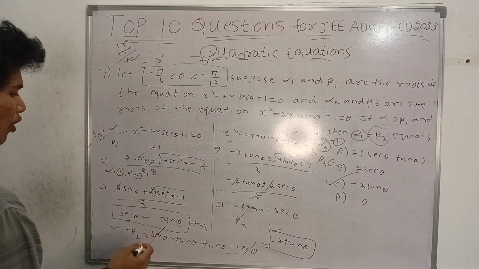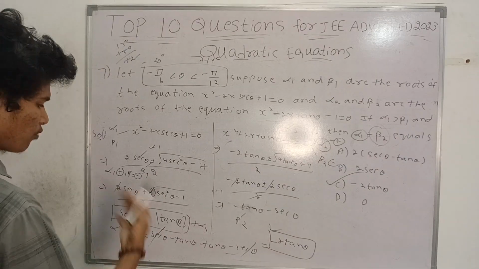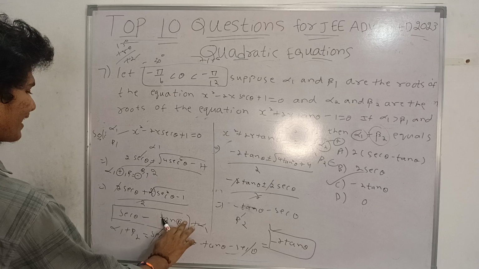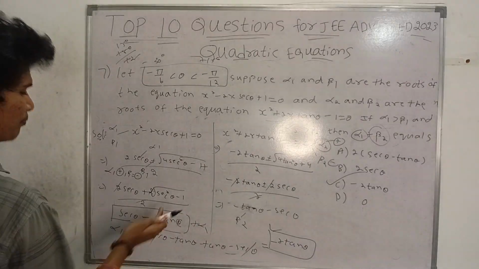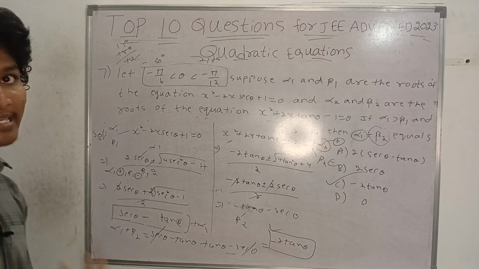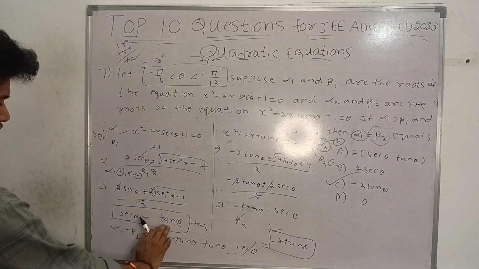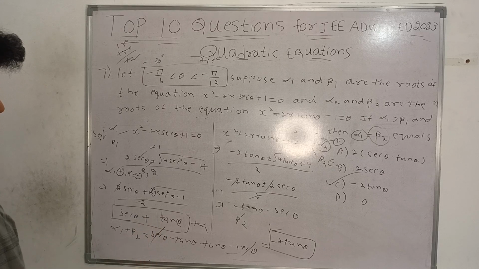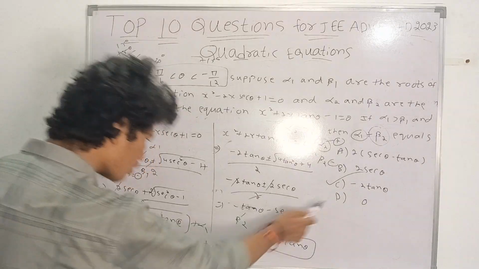The main key point here is how we are opening the mod tan theta, whether it is positive or negative. Some people directly write this as positive, that is directly tan theta. It is very incorrect, because suppose if we take it as positive, and add these two things, we get answer 0, and that option is also there here.